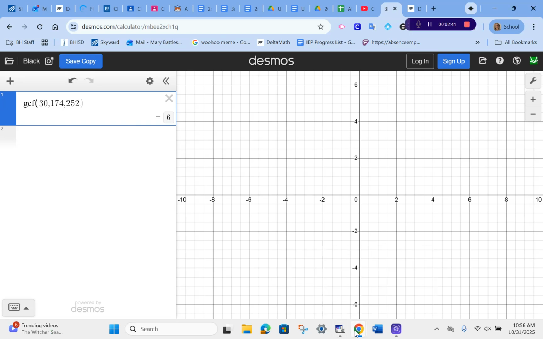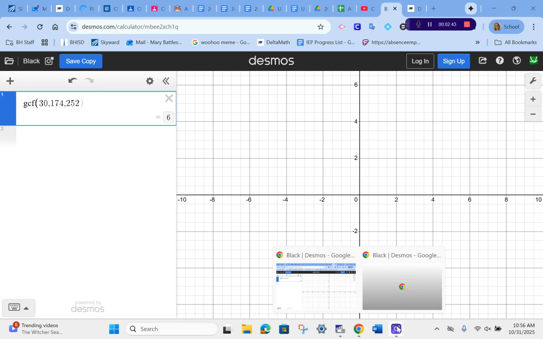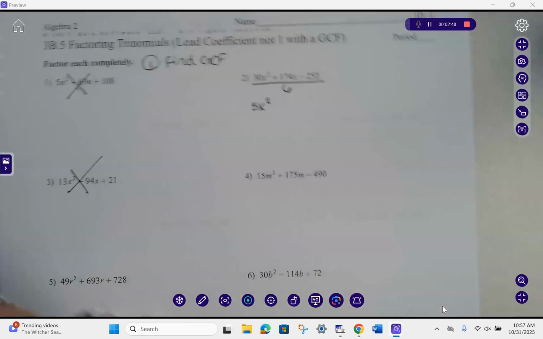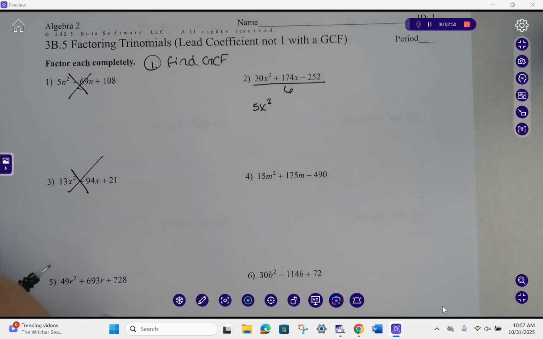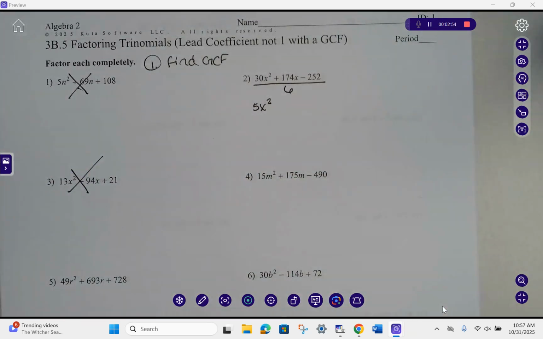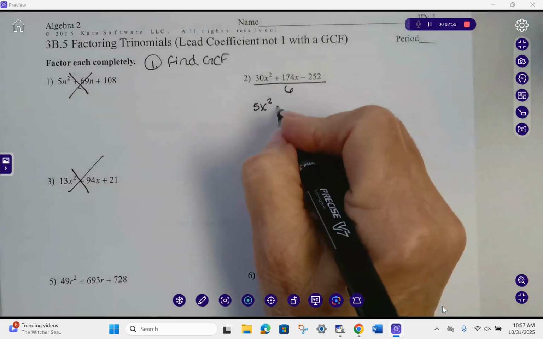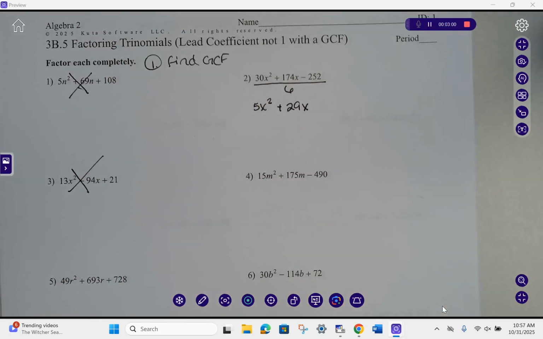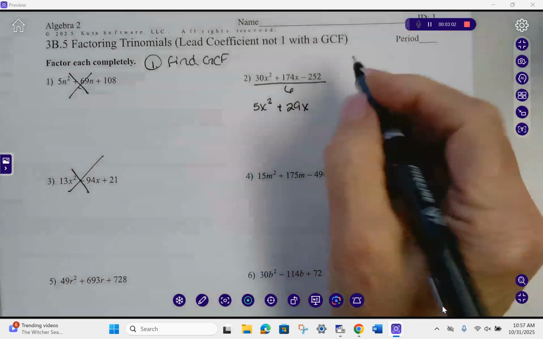All right, so let's see. Let's go ahead and go back into our screen here. So 174 divided by 6 is 29. And 252 divided by 6 is 42.